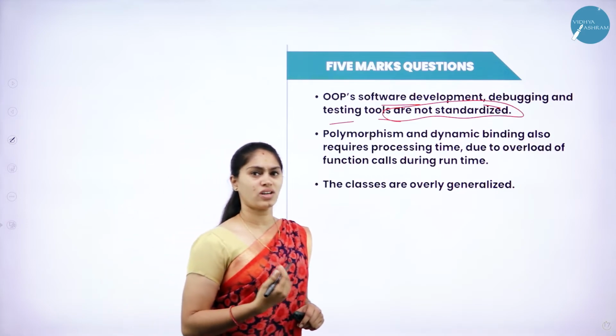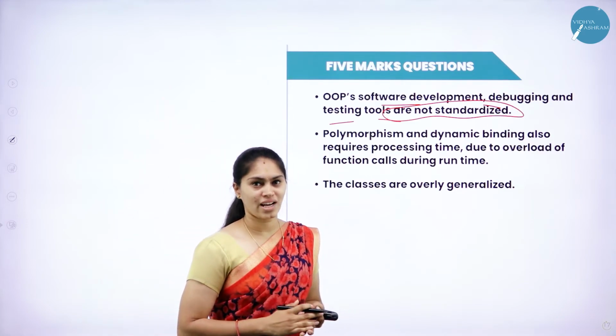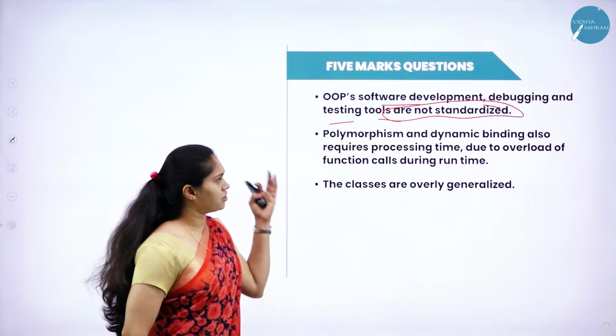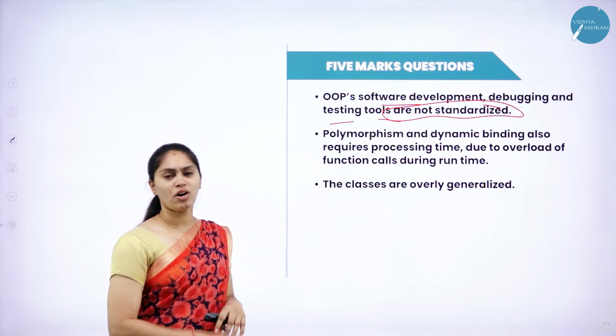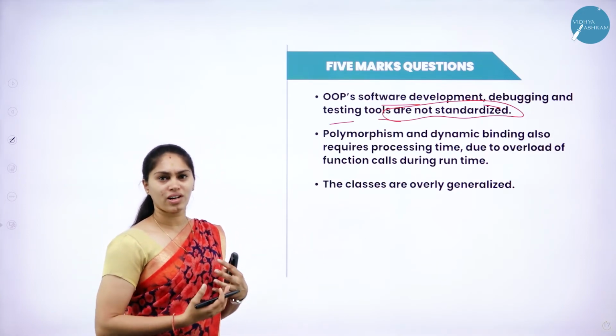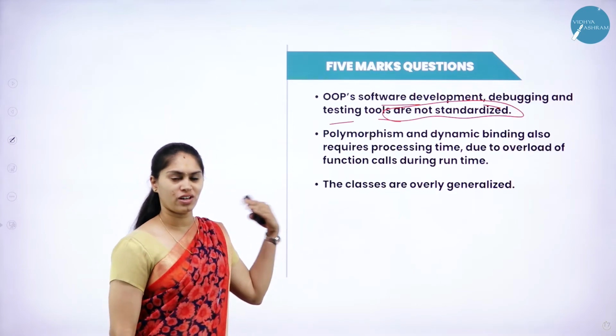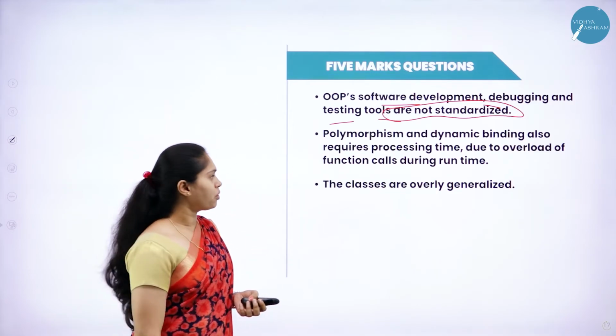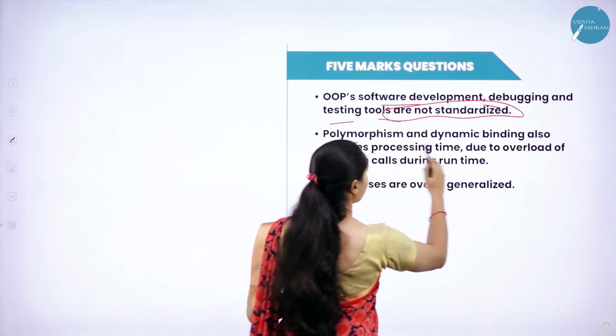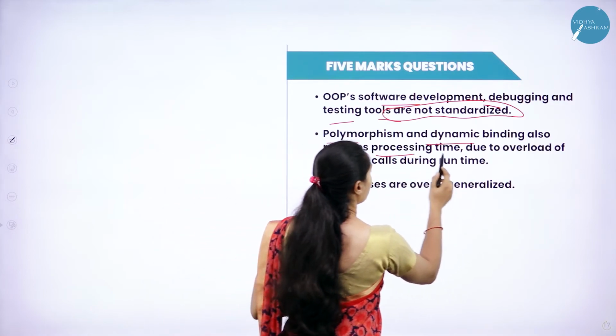If you don't have traffic rules, then there will be more accidents. In the same way, if you don't have any standardization, it will create more ambiguity or confusion with respect to programming. Polymorphism and dynamic binding also require processing time.